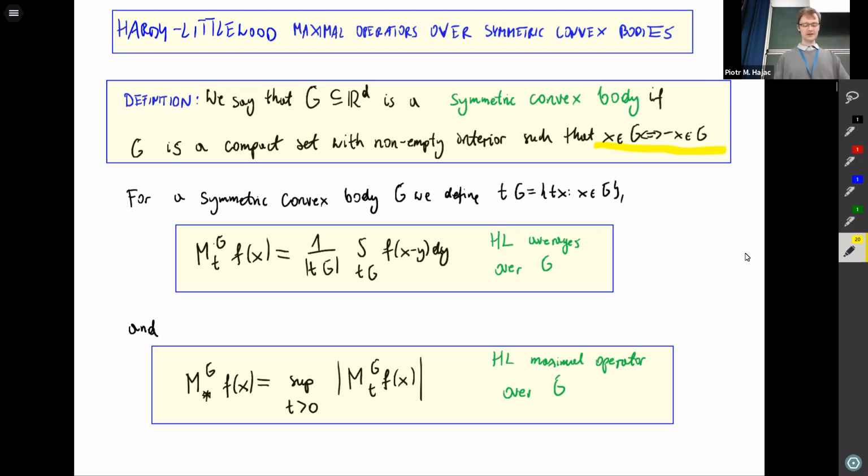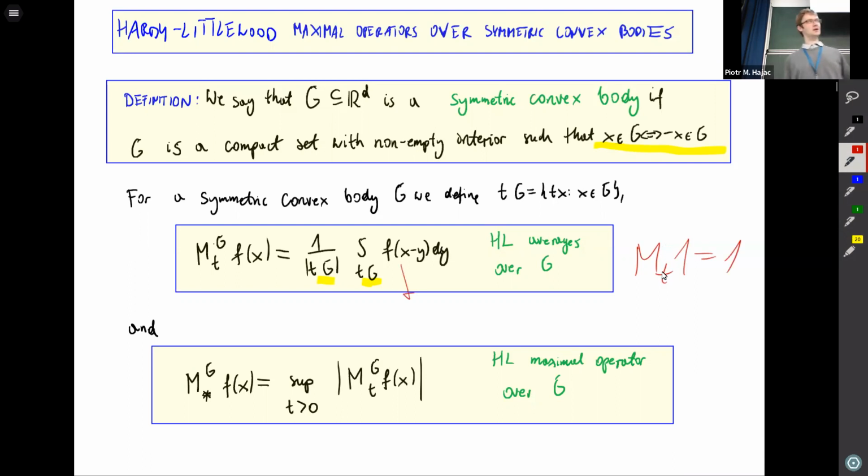Okay, and then we make once again averages over such a set. So you see that now I have replaced the ball B with G here and with G here. So it's another kind of average. It's again an average because if you take the function 1, then it is 1, because I would have just 1 here, and then it will be the integral over tG of 1 divided by the measure of tG, which is 1.